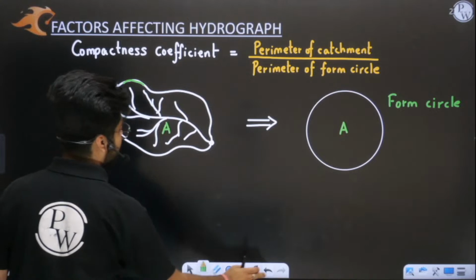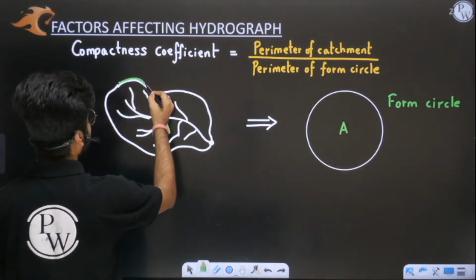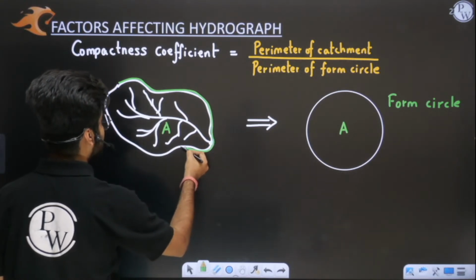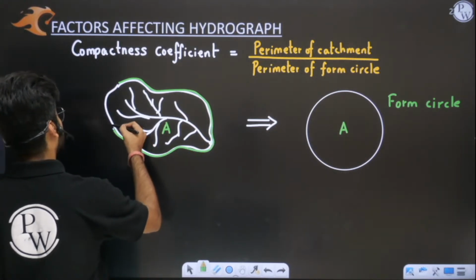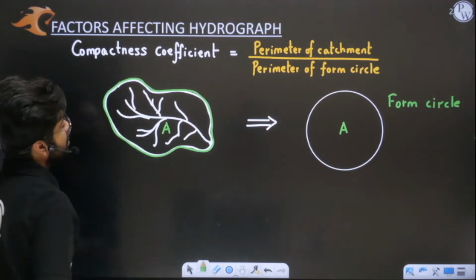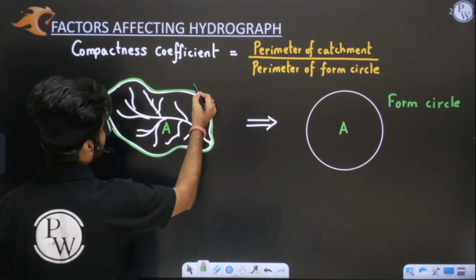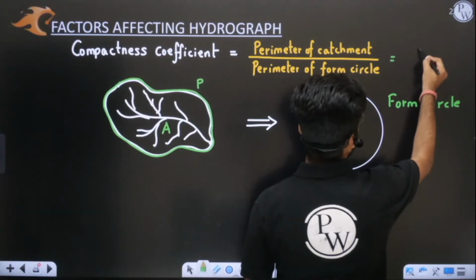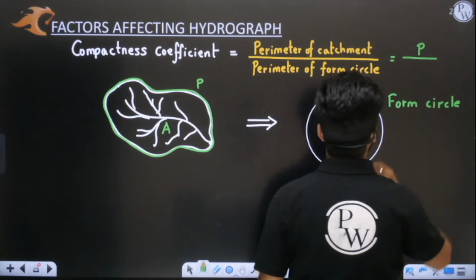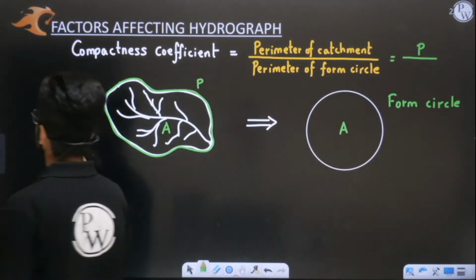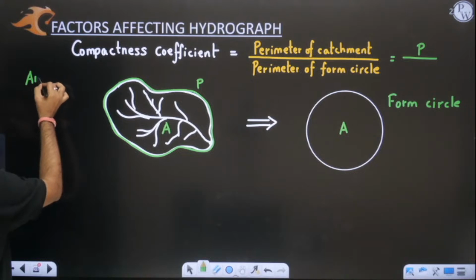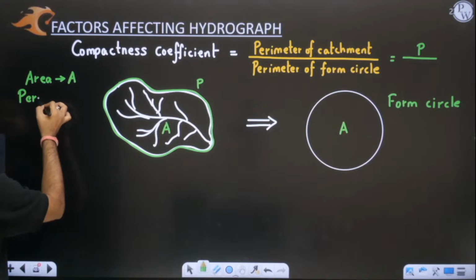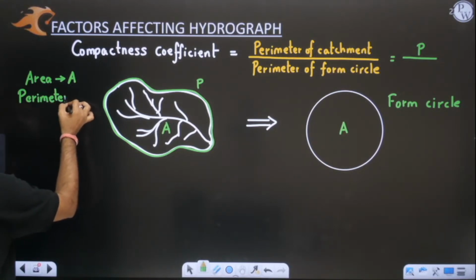Let us say the perimeter of this catchment area is P. Let us say my catchment area has an area of capital A, and it has a perimeter of capital P.